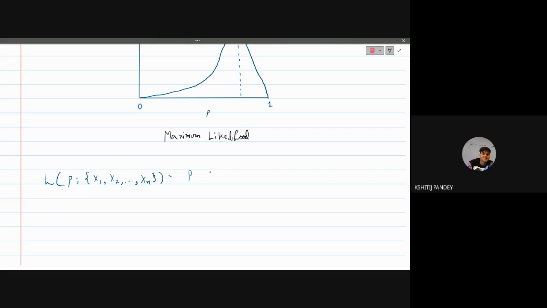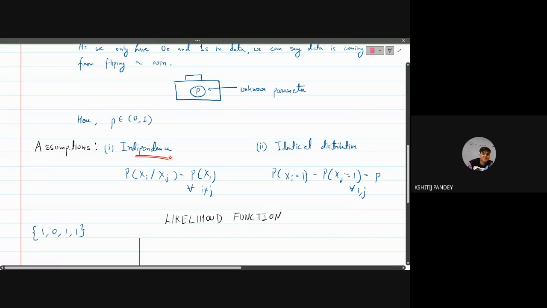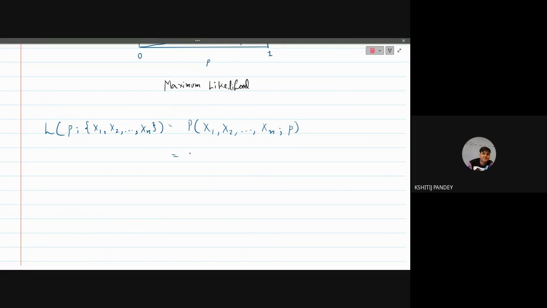So this is equal to the probability of generating this data when your unknown parameter is p. As the assumption is of independence, it means that this joint probability can be written as a product of marginals.